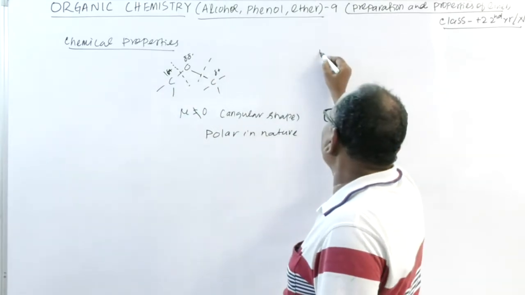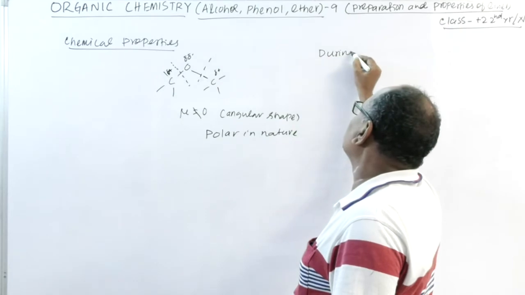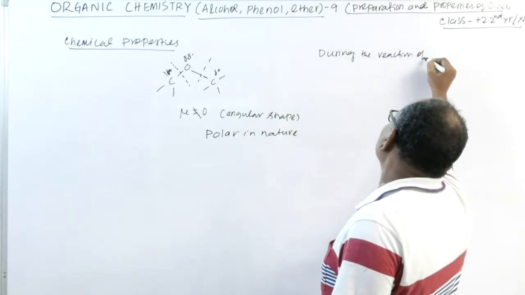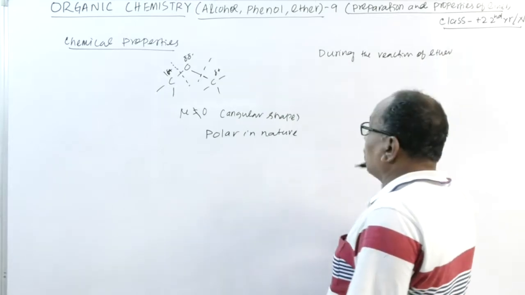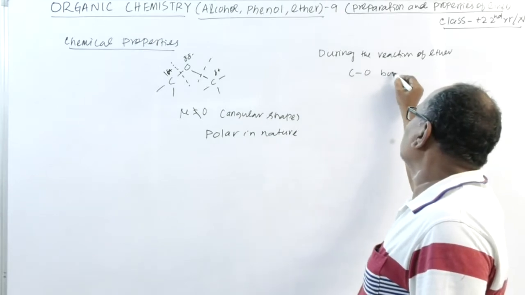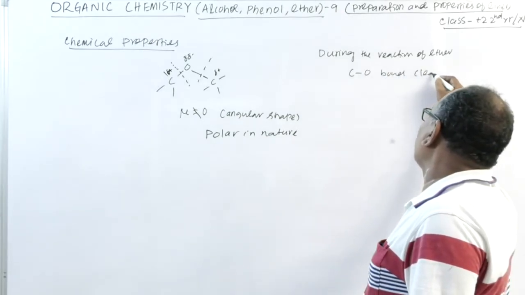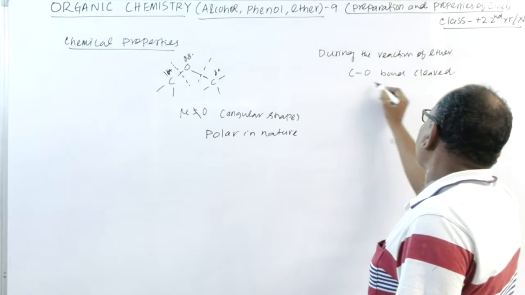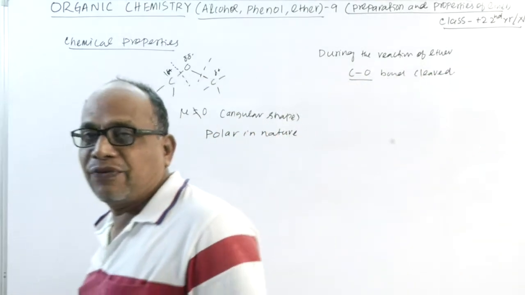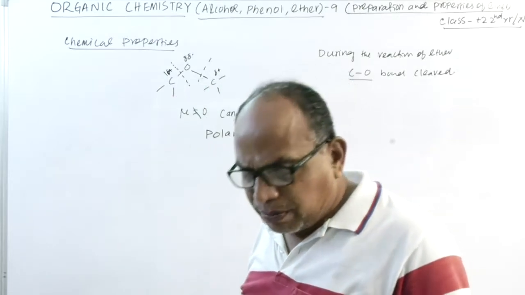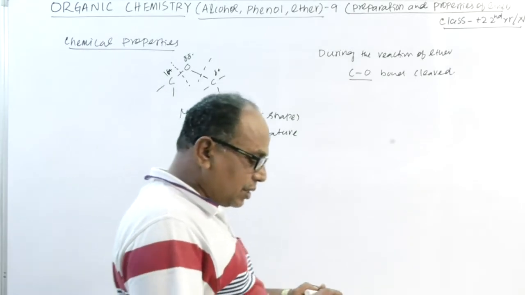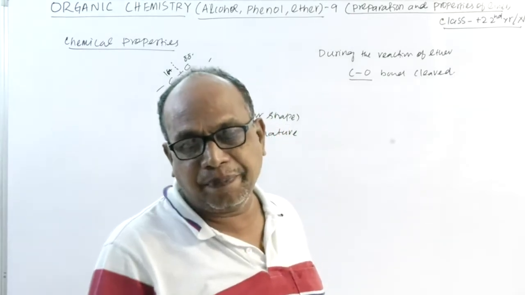That is, during the reaction of ether, the carbon-oxygen bond cleaves. The ether generally reacts with halogen acid, particularly HI.